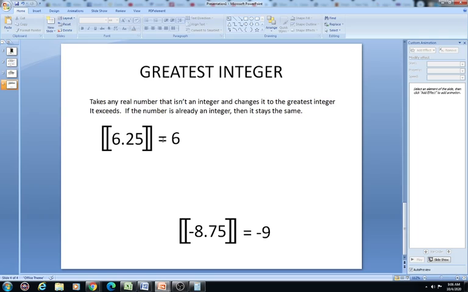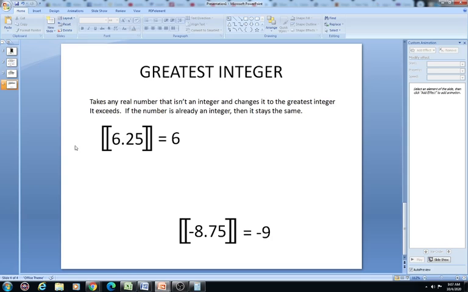6.25 equals 6. Does that fit our definition of the greatest integer function? Takes any real number that isn't an integer. 6.25 is not an integer. It is a fractional number. Remember, an integer is just a whole number, and changes it to the greatest integer it exceeds.